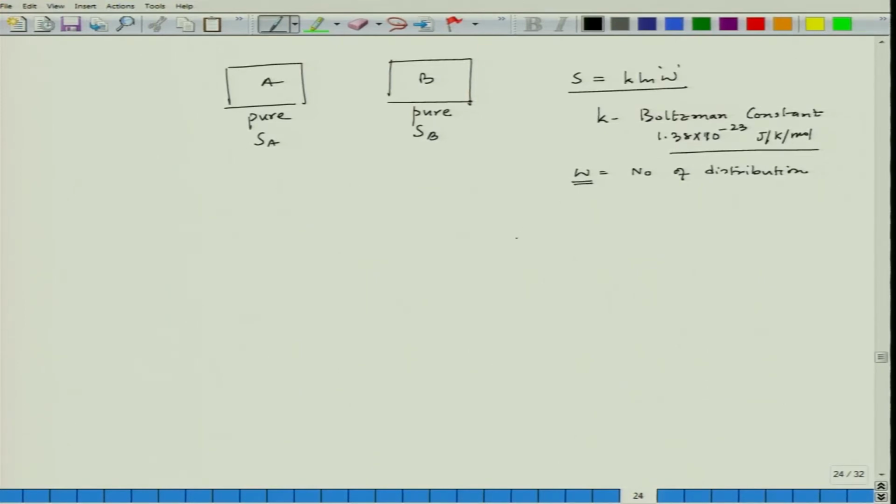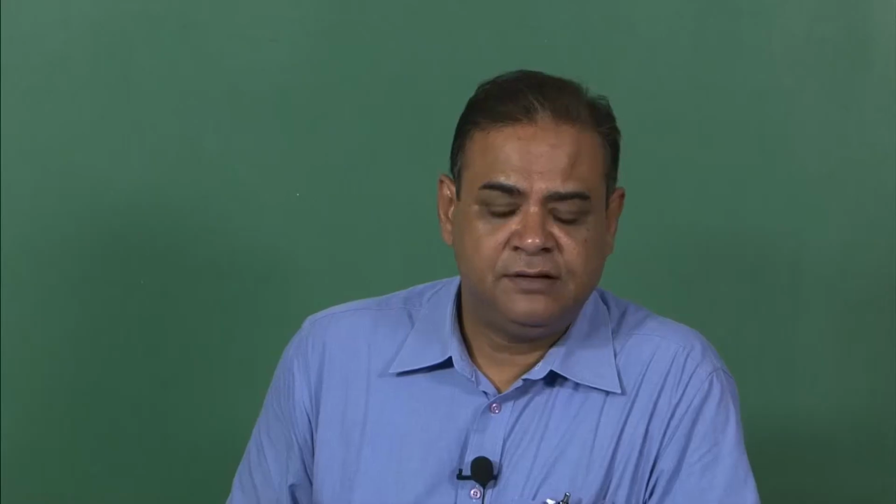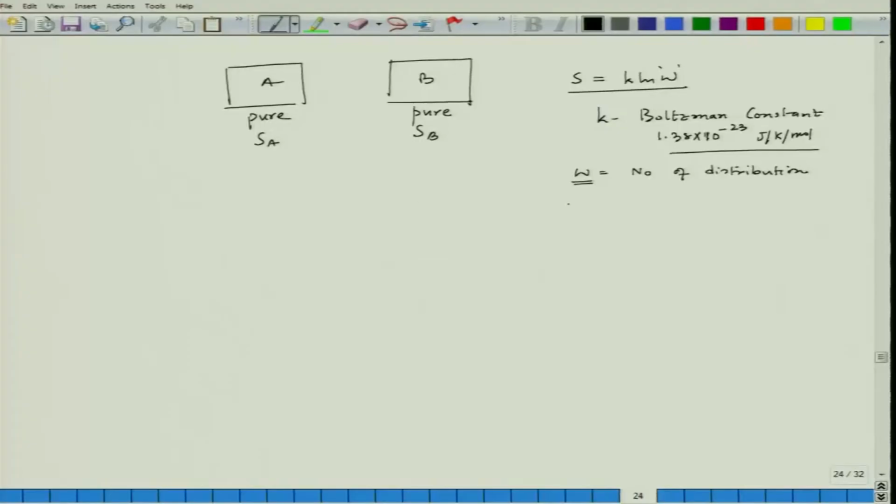So, if it is a pure metal and there is no impurity, how many ways can we distribute the metal A atoms? There is only one way of distribution. Similarly, here it is one way. So, omega is equal to 1 in both the cases.